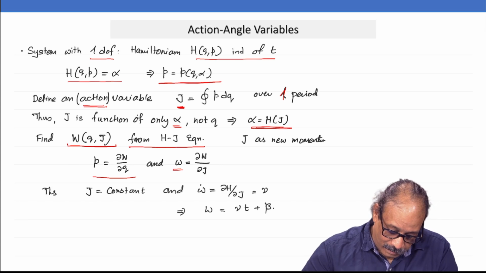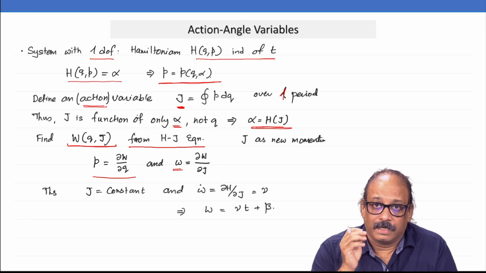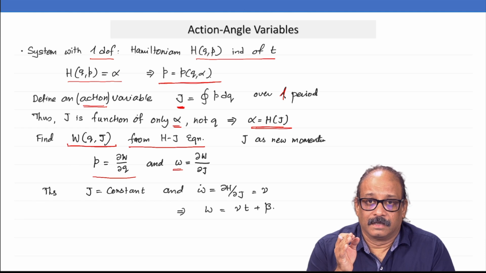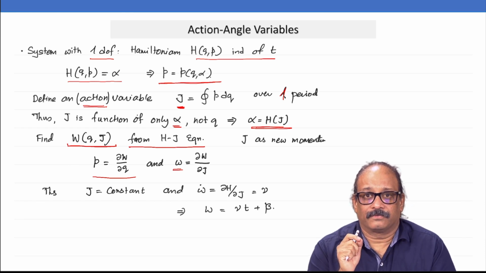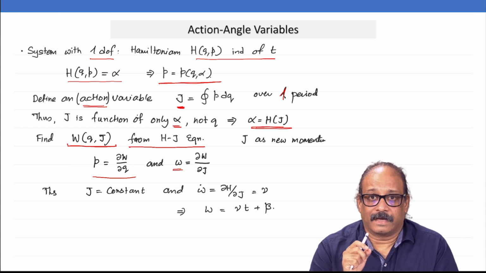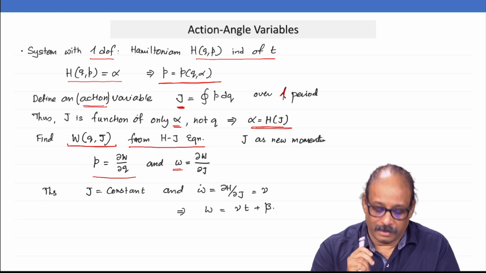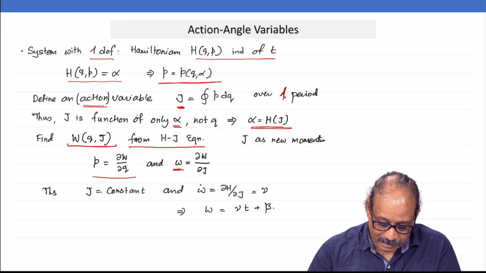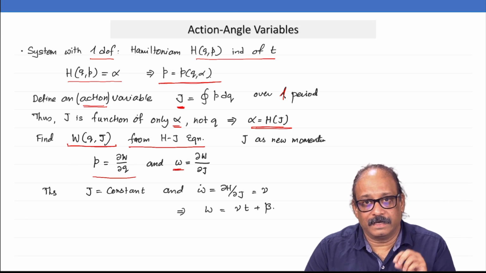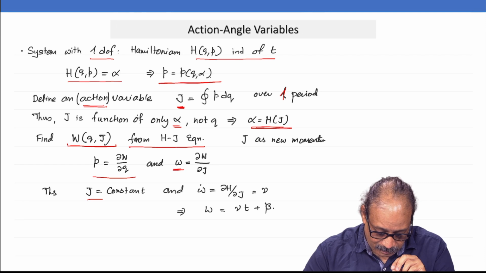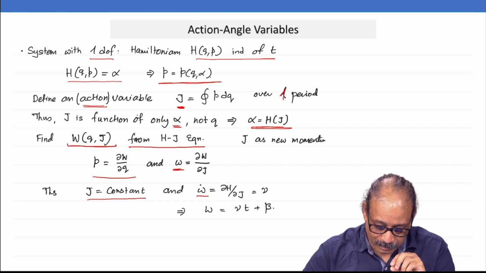Okay. So, now equations of motion are straightforward, because the Hamiltonian is a function of only J, that is the new momentum. The corresponding new coordinate W is cyclic, and hence J is a constant of motion. So, J is constant, and what would be W dot?